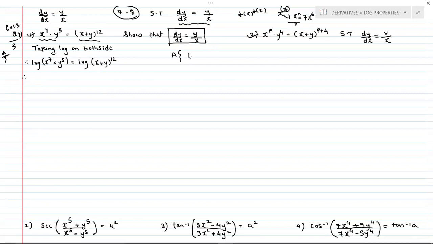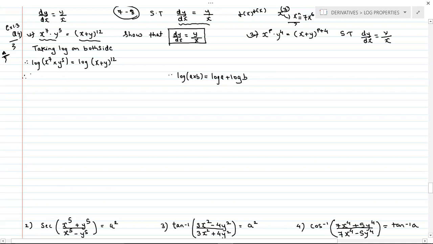It will reduce the confusion as well as the steps. So clearly we can apply the property of log: log of a into b is log a plus log b.